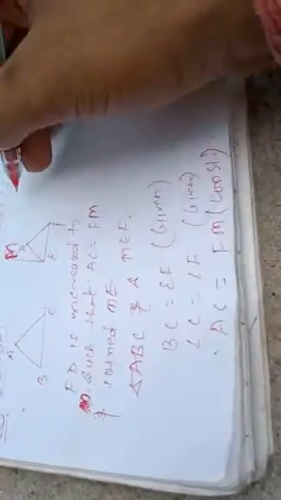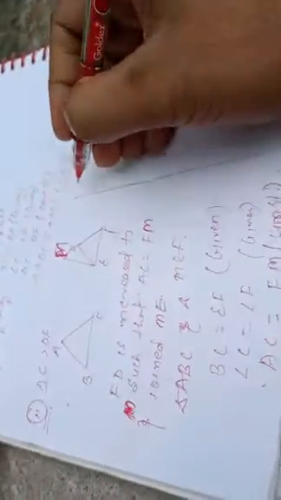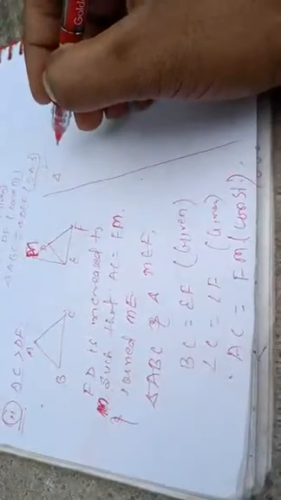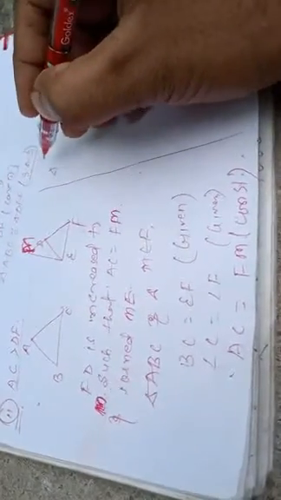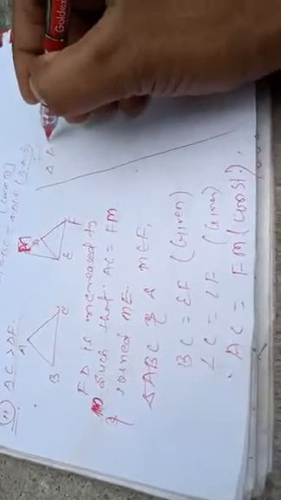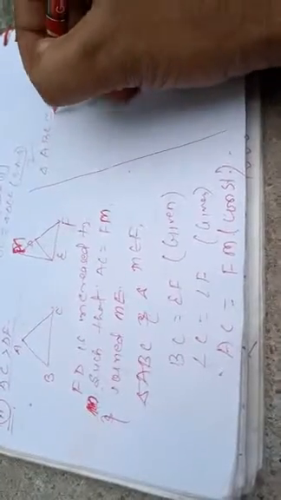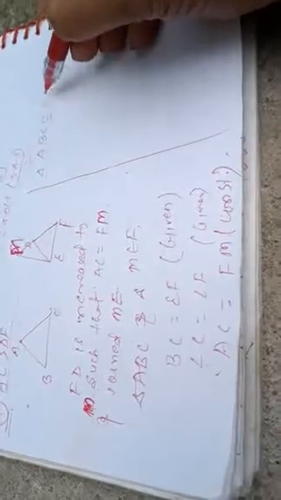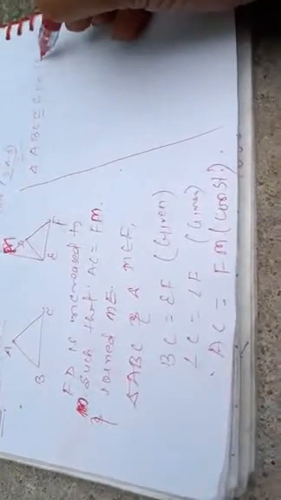So by this it can be concluded that triangle ABC must be congruent to triangle MEF using SAS.